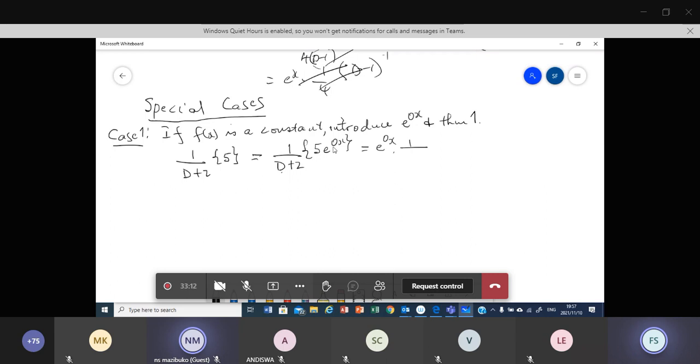It's 0 plus 2, then we are left with a 5 there. And this is nothing else, this is 1. So the answer becomes 5 over 2. That's your answer. Otherwise, without that, we're just going to be stuck there without going any further. That was example 1, example 2.